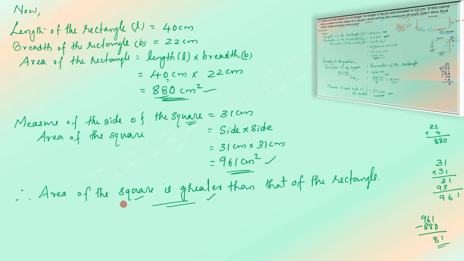And you can write here, area of the square is greater than that of the rectangle by 81 centimeter square. So here answer for the first part of this question is measure of each side of the square is 31 centimeter, and for the second part answer is square encloses more area.